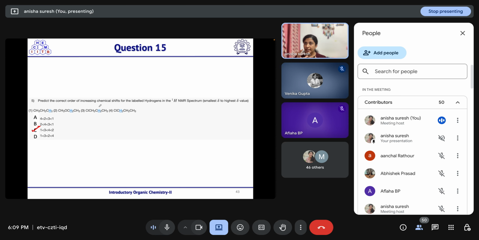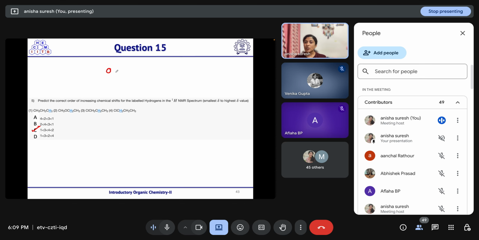If an electronegative atom is present next to a CH2, that electronegative atom will be pulling the electron pair from that CH2. So the electron density around it will be lesser, and because of that it will be deshielded and come at a higher chemical shift value.